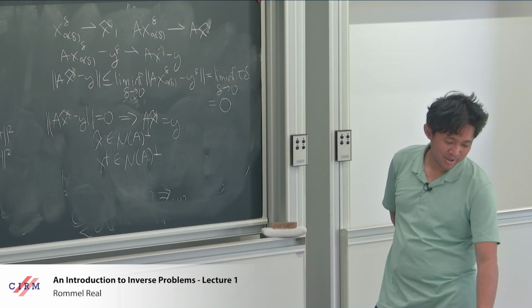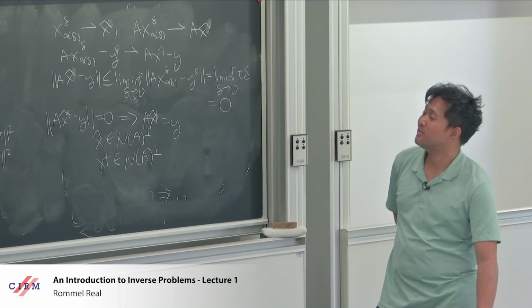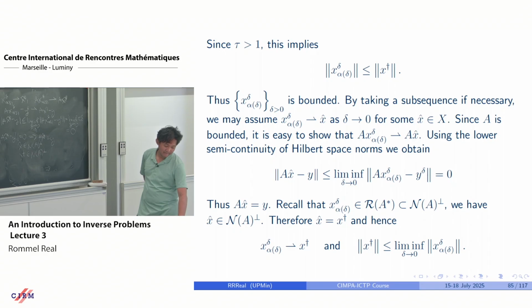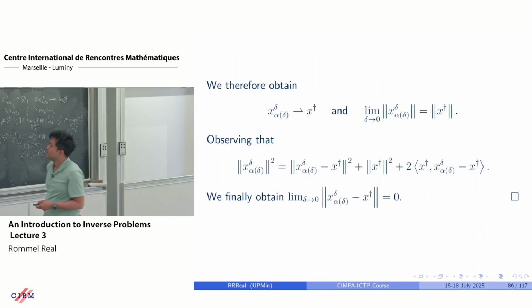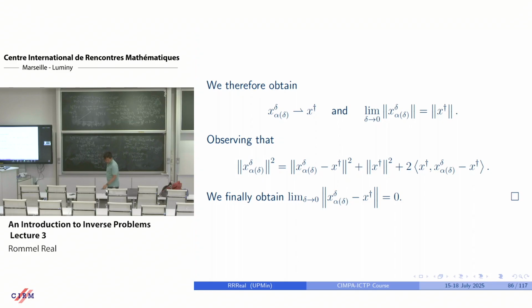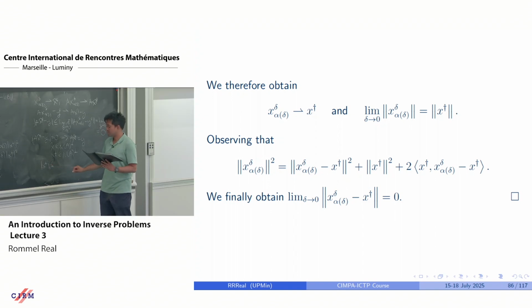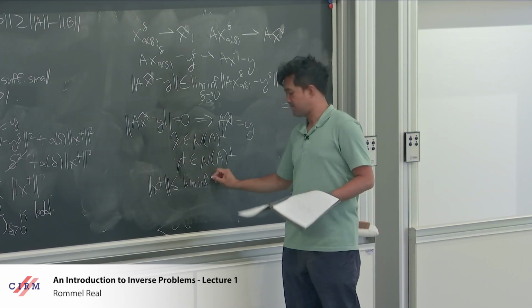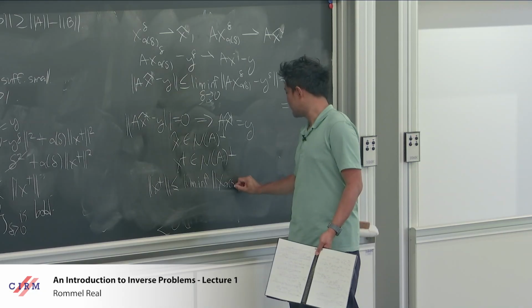So the regularized solutions must weakly converge to x dagger, and again by the weak lower semi-continuity of the norms in Hilbert space, we have this one. And that also leads to that one, because if you go back to the previous equation, the norm of x dagger is equal to the lim inf of the norm of x alpha delta.